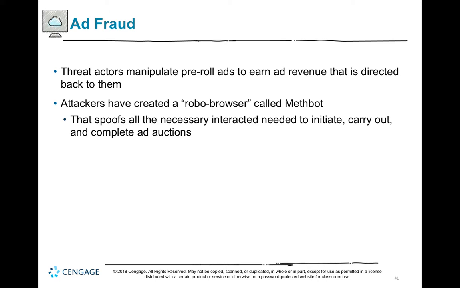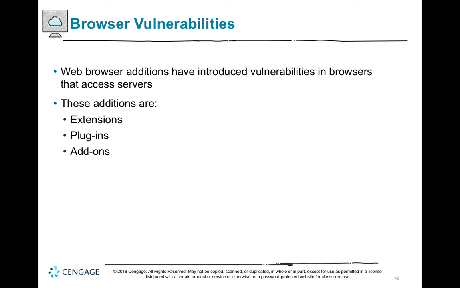They've automated the user activity in software they're calling MethBot. It initiates, carries out, and completes everything needed for the ad auction to complete, and so they're able to make money off of this. That's the goal.